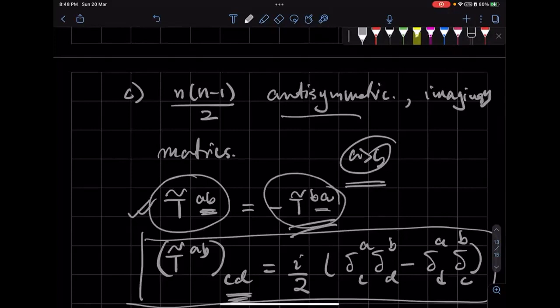So it gives me exactly the same number of generators. And because of this antisymmetry, T00 or T11, well, the T tilde AA in general, these are zeros. Okay, so that's just one minor point I wanted to clear up. Any questions?